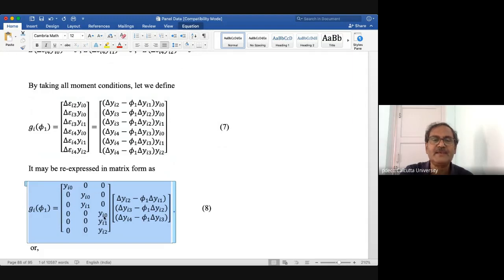So these instruments are multiplied into delta epsilon i2, delta epsilon i3, delta epsilon i4. If you multiply this row into this column, this row into this column, in this way, you will get this vector.